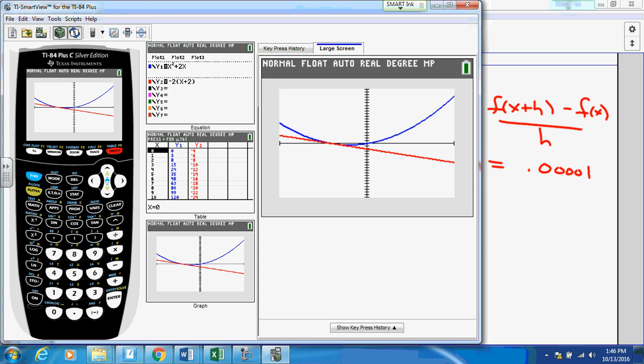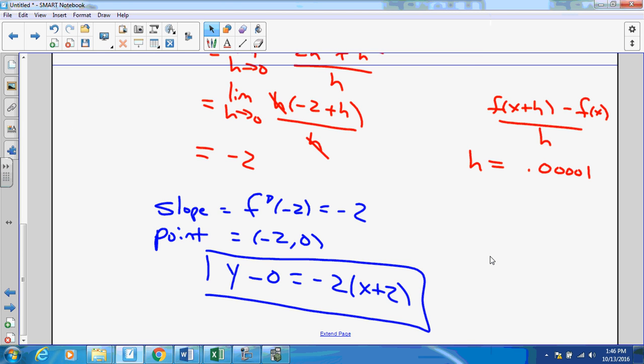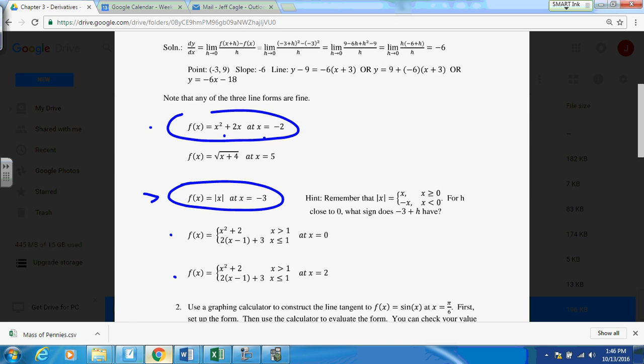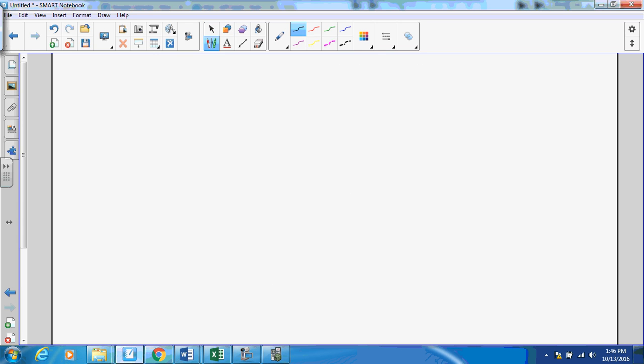All right. Well, let's take a look at a second problem, and that was this problem here. Find the equation for the tangent to y equals f of x equals absolute value of x at x equals negative 3. Notice that our function is different.